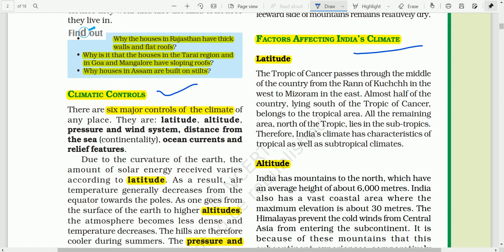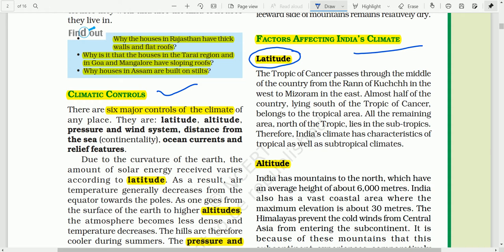And today we shall discuss the factors affecting India's climate, particularly for India. So the first important factor is latitude. Okay, what is latitude? You have learned. Now let us see how latitudes affect the climate of India.